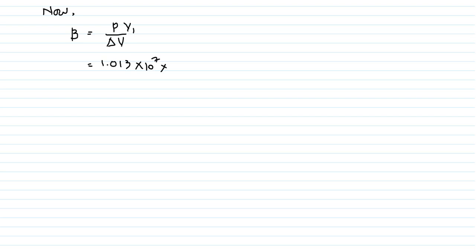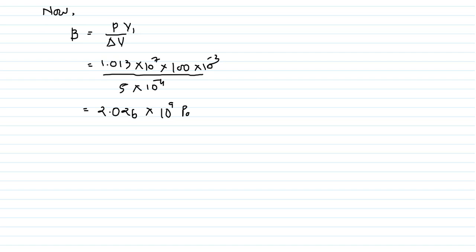What is V1? That is 100 into 10 raised to minus 3. And what is delta V? That is 5 into 10 raised to minus 4. So when you solve this, your answer will be 2.026 into 10 raised to 9 Pascal. Right friends? So this is an important sum.